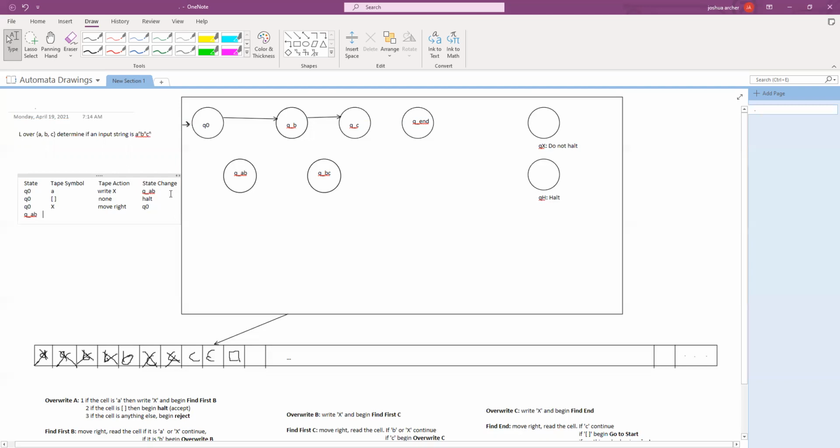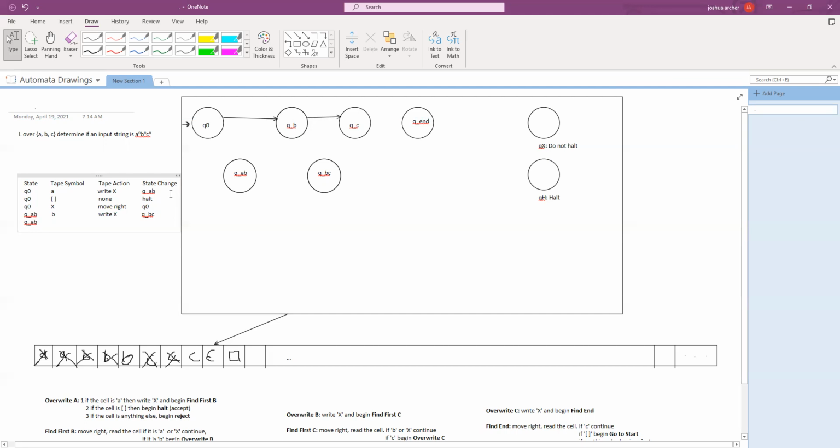The first one is if we run into what we're looking for, which is a B, we're probably going to write an X, and this is the overwrite B. And we're going to move into the find first C subroutine, and that's what we have the QBC state for. As far as I can tell, the only things we're going to be doing here are we're either looking for a B or we found one. It's in the middle, so we don't have to really handle the end or the beginning part.